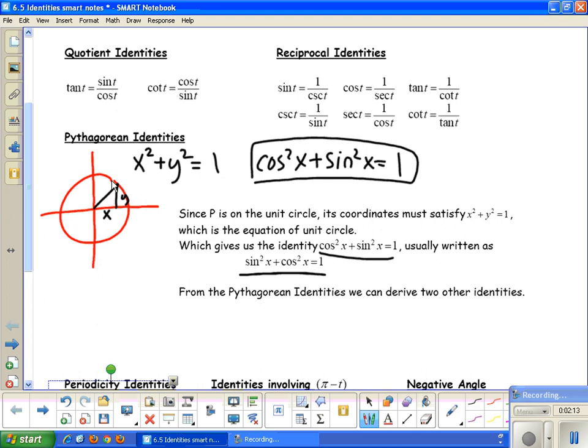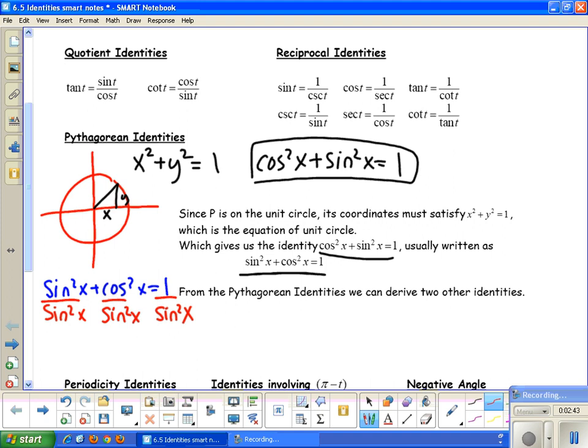So if I know cosine squared x plus sine squared x is equal to 1, let me write it the other way. So let's do sine squared x plus cosine squared x equals 1. Well, the other two identities I can get by dividing by sine squared or cosine squared. So if I divide each term by sine squared x, I can use my identities to simplify this.